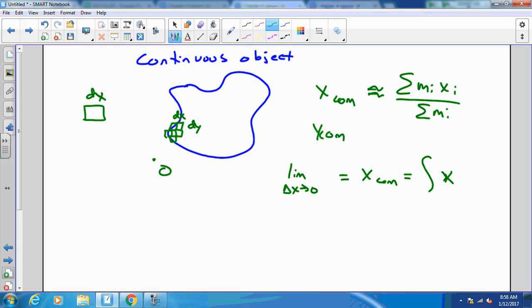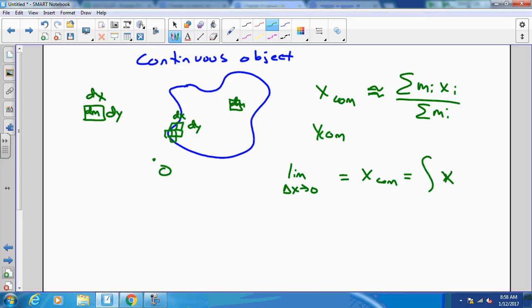Here's where this gets really interesting. If I consider a little piece dx and dy, then the mass that we have here is going to be an infinitesimally small piece of mass dm. And it is that infinitesimally small piece of mass dm that we are multiplying by the position.